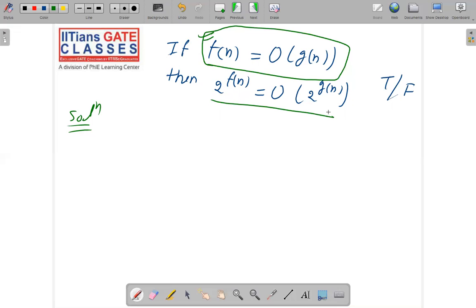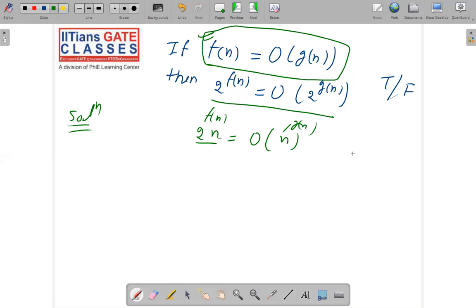For example, we know that 2n is equal to order of n. Here this is Fn, this is Gn.